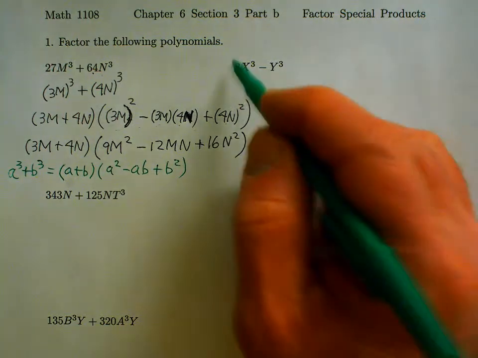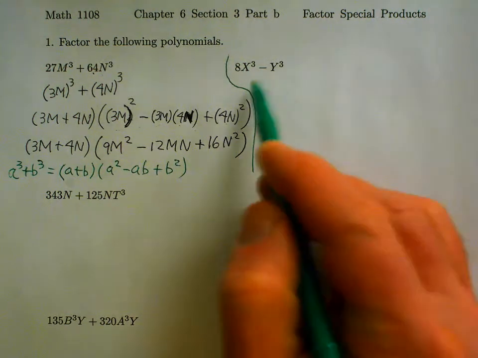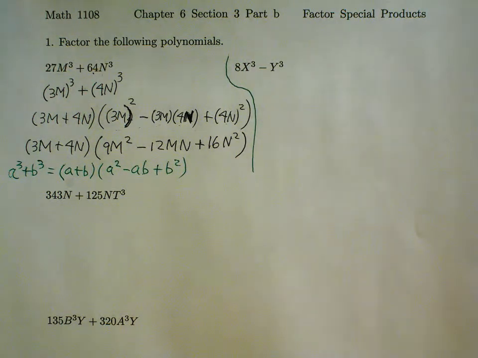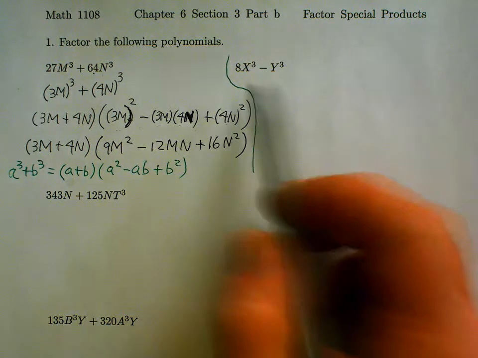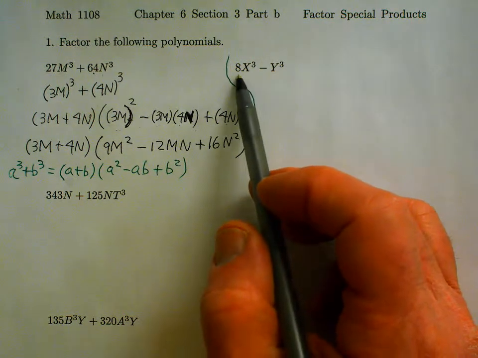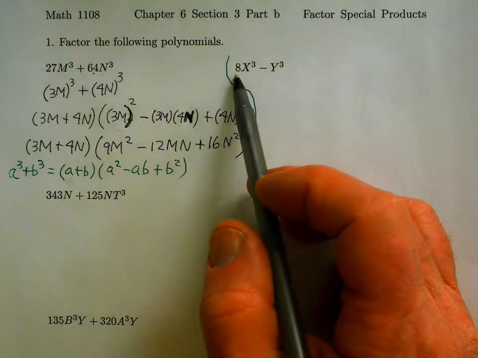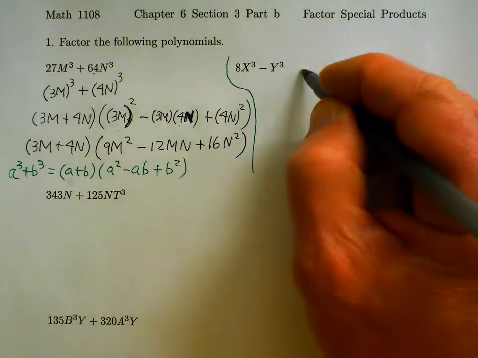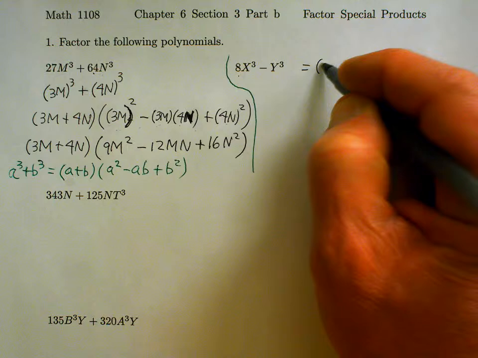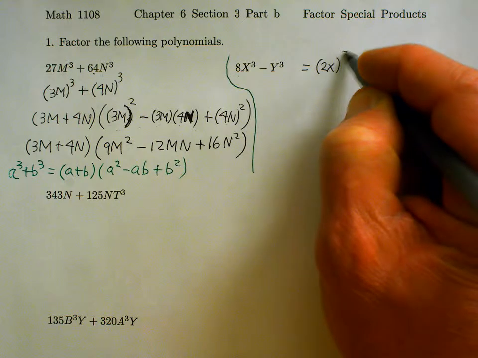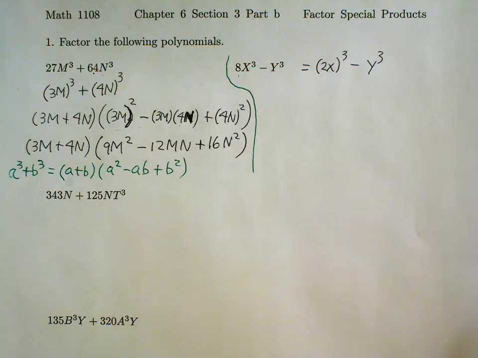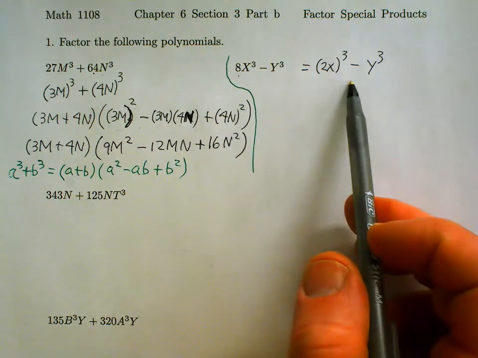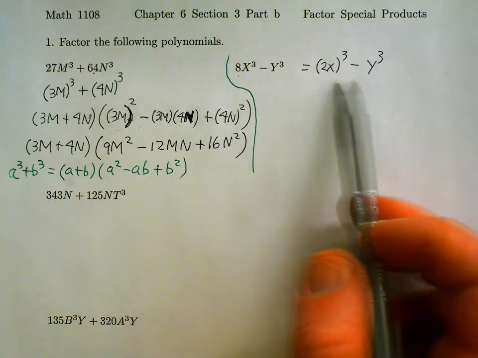Okay, over here on the right, we have a difference of cubes. So 8 is a perfect cube. The term 8x to the third, we can write that as the term 2x to the third, and then minus y to the third. And then use the difference of cubes factoring formula.